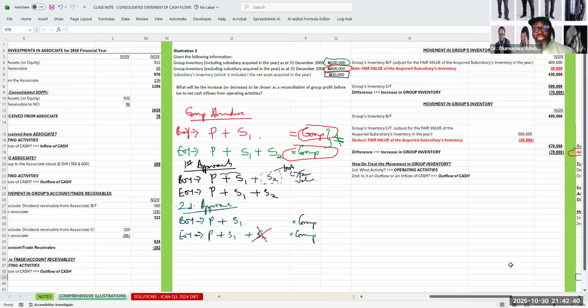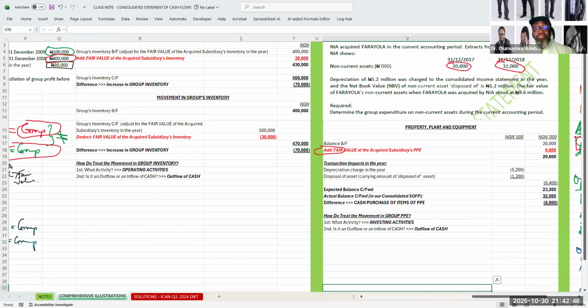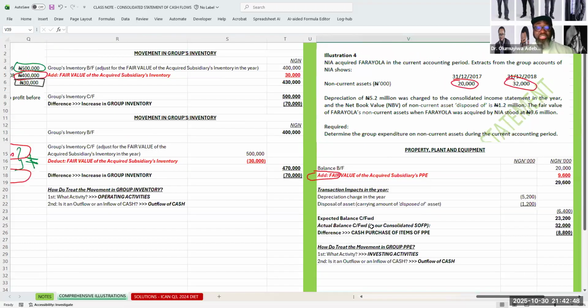Either way, you are going to produce the same result as you can see here if I could enlarge it. And we'll produce the same result here, which means our group inventory at the beginning had two entities. Our group inventory at the end has three entities.